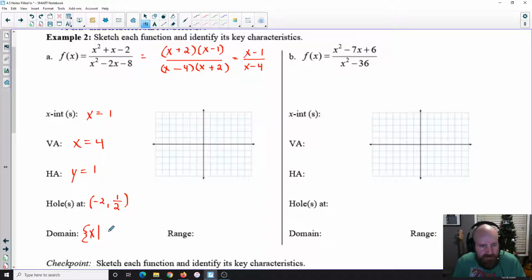All x such that x cannot equal 4 and -2. And then the range would be all y's such that y cannot equal 1 and 1/2.